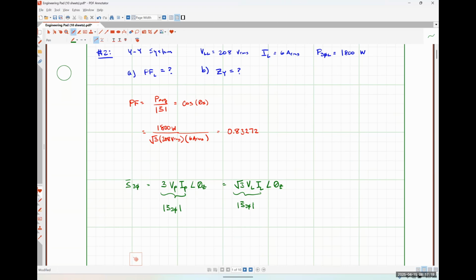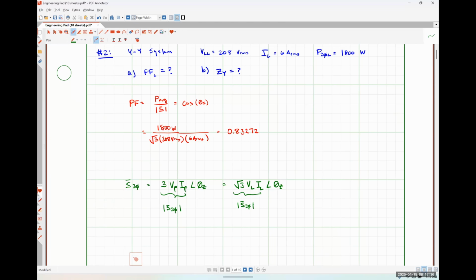Okay. So let's see. If we do the inverse cosine of this, it is going to give us an angle of 33.6211 degrees, right?